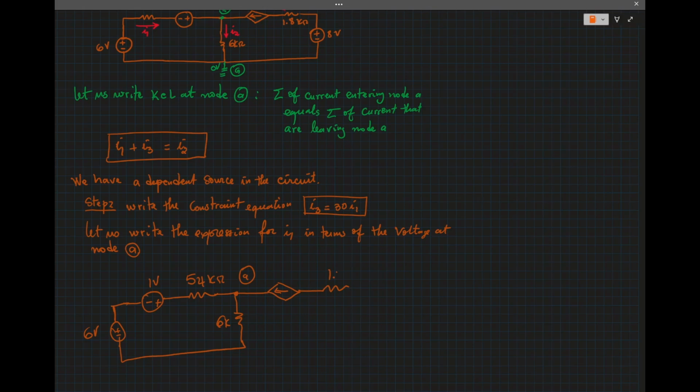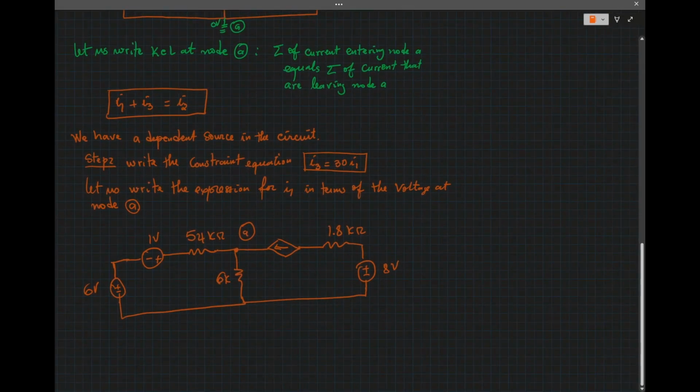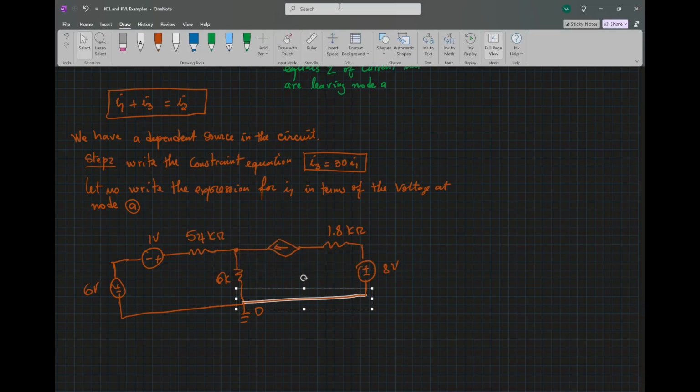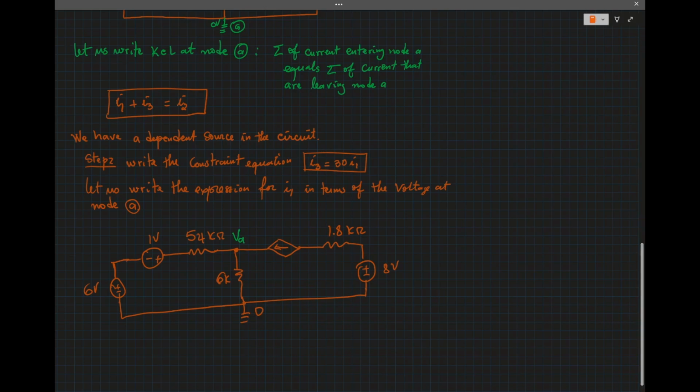We have 1.8 kilo ohms here, then we have an 8-volt source there. This is considered as ground, which is 0 volt, and the voltage at node A we call VA.